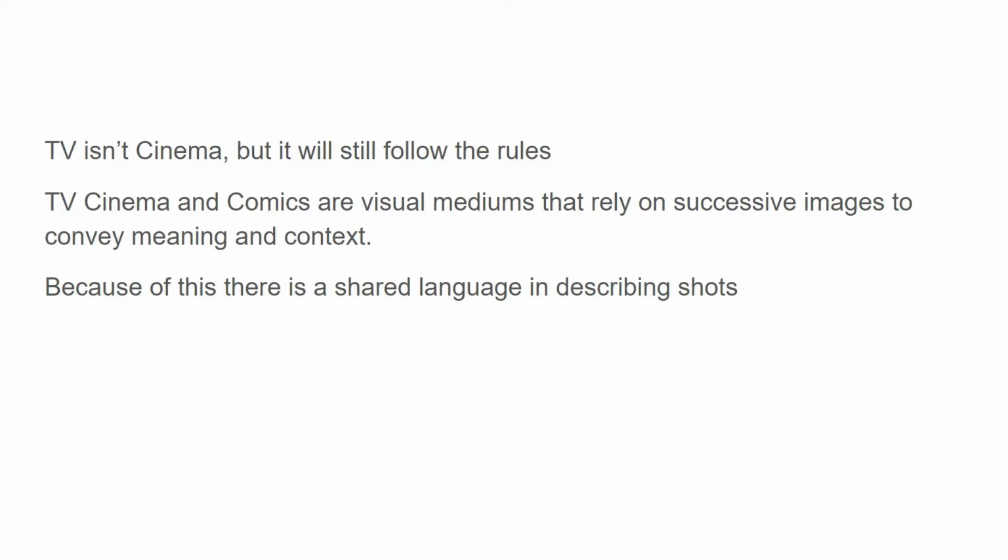Because of that, there's a shared language we can use that's relative to cinema, TV, film, animation, any visual medium, basically. We can talk about things like shot selection, so wide shot, mid shot, close up, two shot, over the shoulder, POV. These are all great ways to describe a shot, and we use those in comics. So why not the 180-degree rule as well?